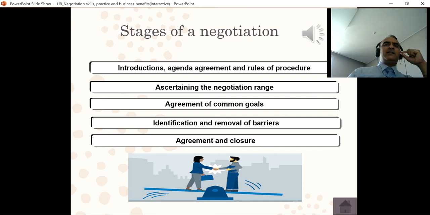Then we have identification and removal of barriers. Let's say, for example, you want me to produce X amount of units in the next 6 months. The problem is that I don't have the money to buy all the raw materials in advance. So what is the barrier in here? I don't have that capital.